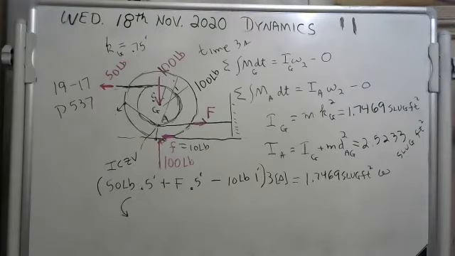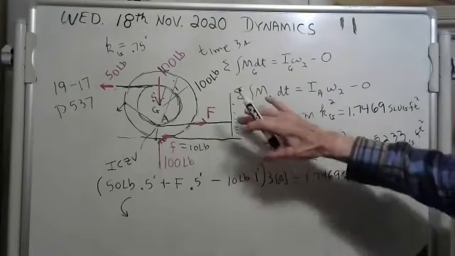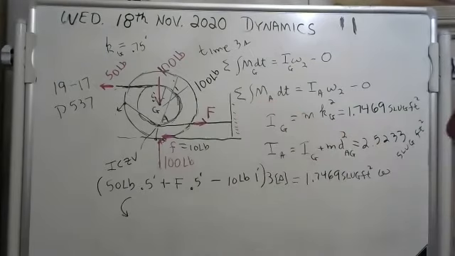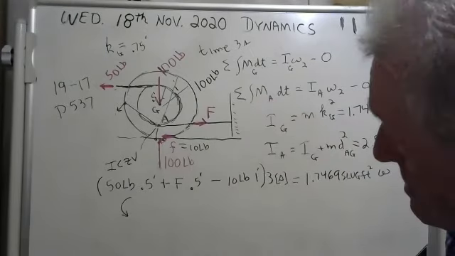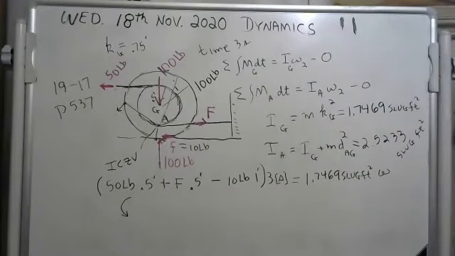We can't solve it. Now we could write this equation here too. Now let me think about that a minute. You know, I'm thinking about that equation there. I kind of like it. I think it's only going to have 1 unknown.